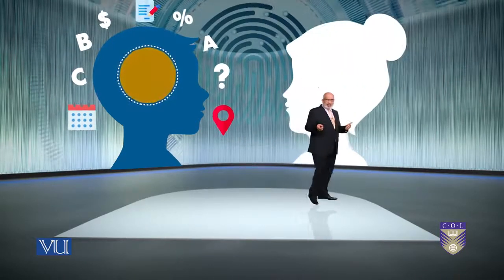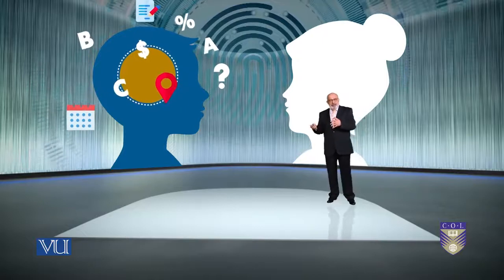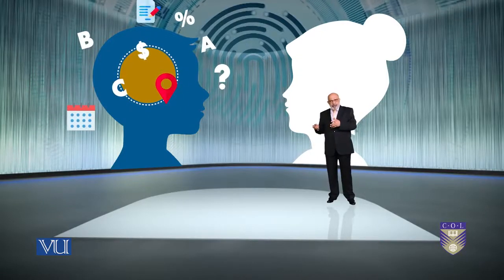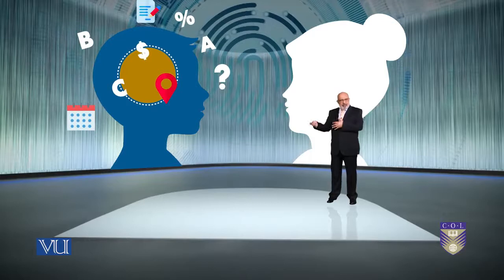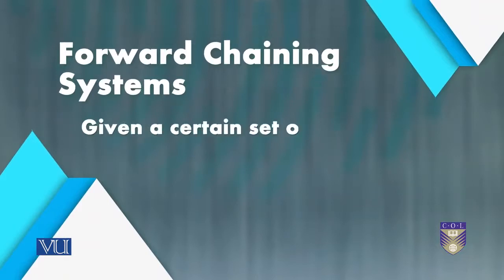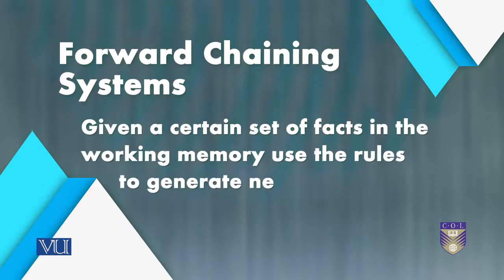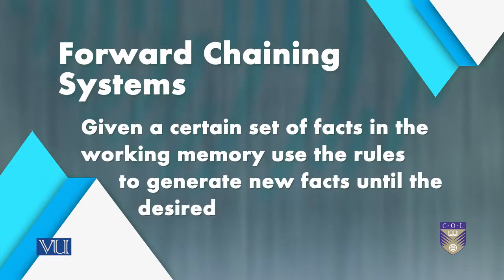When the next patient comes in, the working memory will be erased, and we'll start afresh with the data of that patient as well. So that's the working memory. Given a set of facts in the working memory, we use the rules in forward chaining to generate new facts until the desired goal or a conclusion is reached.